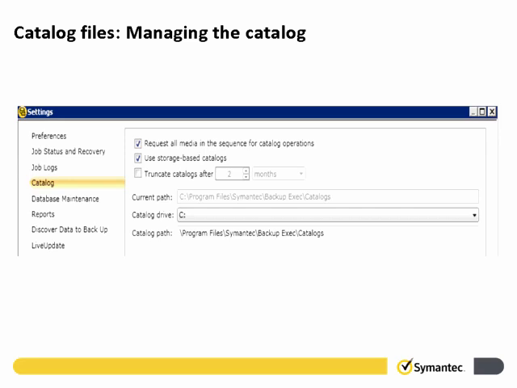If I'm keeping data for very long periods of time, the catalogs directory gets larger and larger and larger, and when I go to do a restore, the restore screens are very slow to populate because Backup Exec has to read all those catalogs. So one option you have is to tick the checkbox for truncate and set a time here that says truncate any catalogs that are more than, let's say, 1 year old.